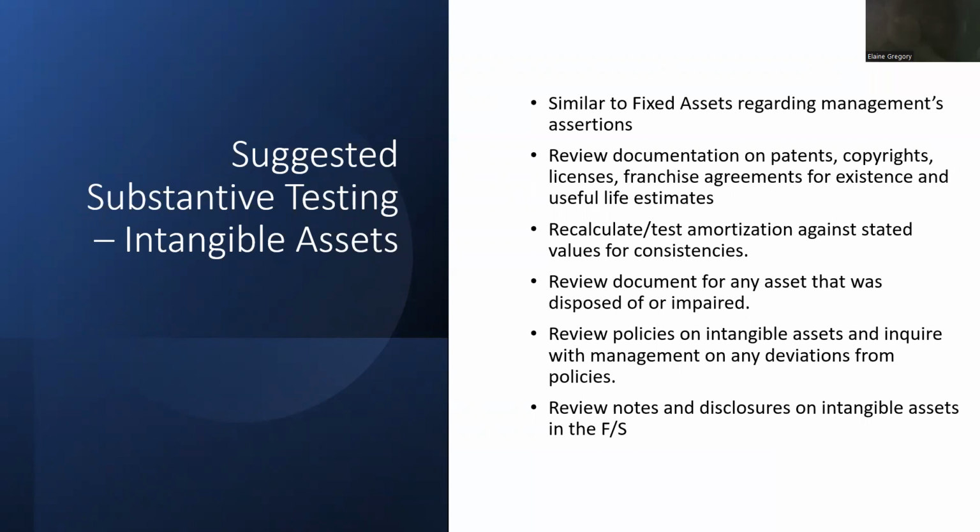If there were any disposals or impairments, make sure that the rationale behind that was correct. Perhaps we sold a patent to somebody else. Therefore, we would have to show that we disposed of that patent and not kept it on our books. We want to review policies on the internal assets and inquire with management on any deviations from those policies. And then finally, review the notes and disclosures.